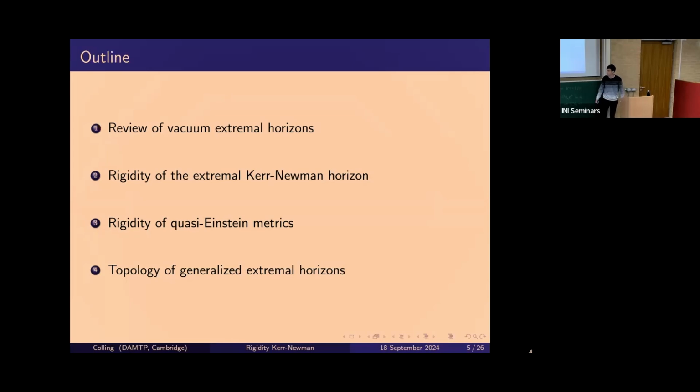So this is an equation of some wider mathematical interest that is very similar to this vacuum extremal horizon equation. And then finally, I'll talk about the generalized extremal horizon equation, which was introduced by Kaminski and Lewandowski. So at least in 2 dimensions, this is a generalization of all the equations I just mentioned.